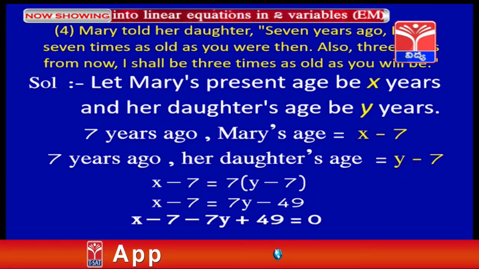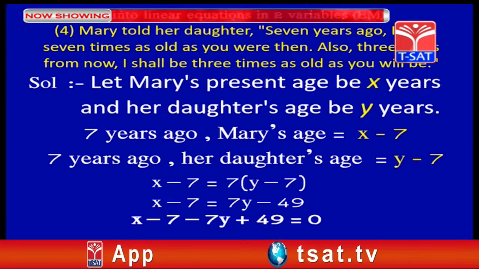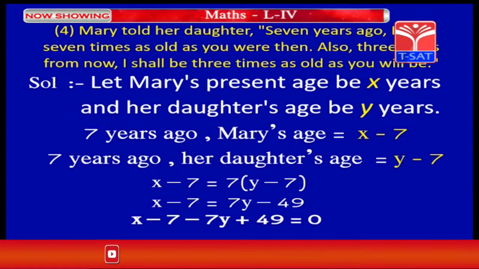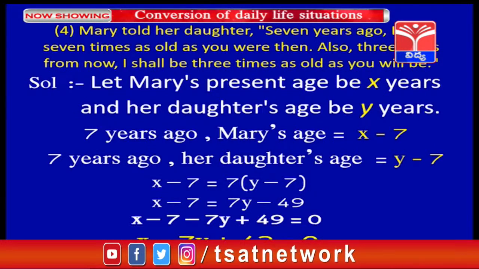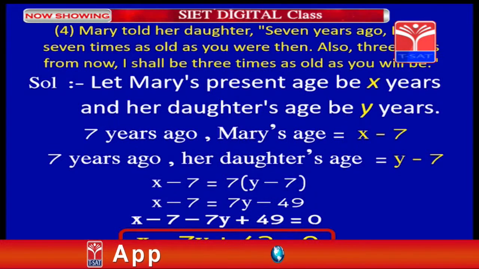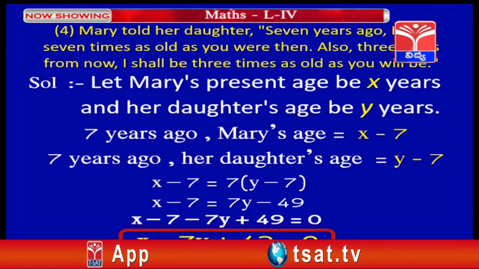Minus 7 plus 49 becomes plus 42. Therefore, X minus 7Y plus 42 is equal to 0. It is the linear equation in 2 variables for the first case.